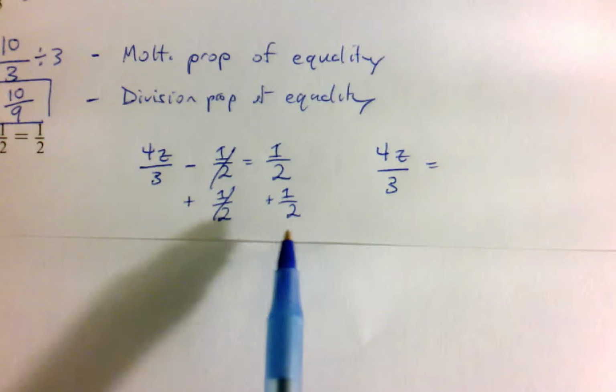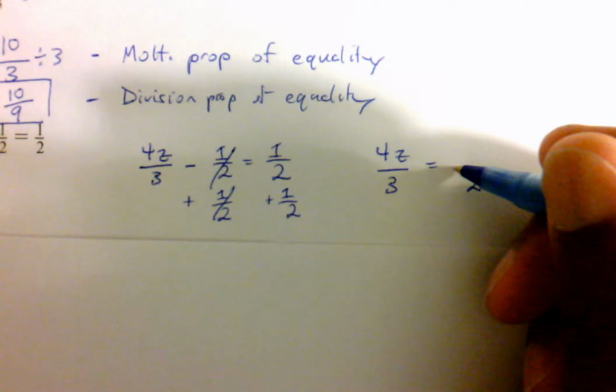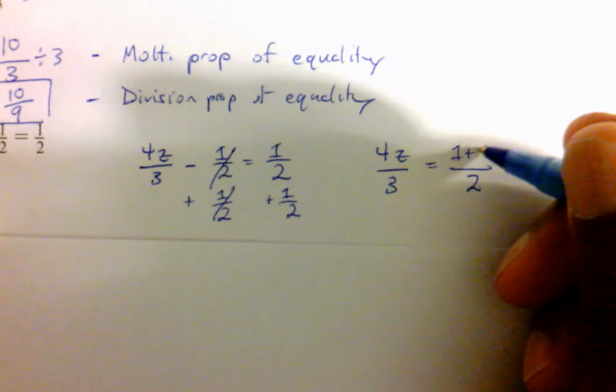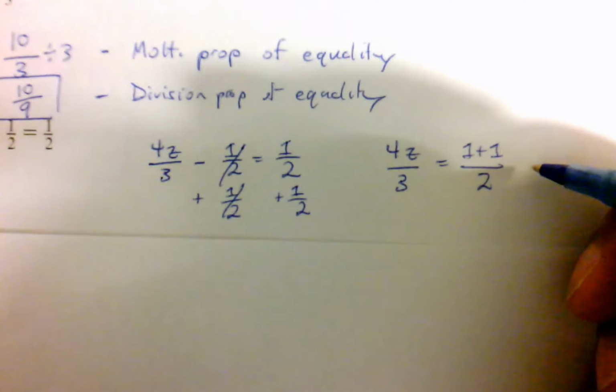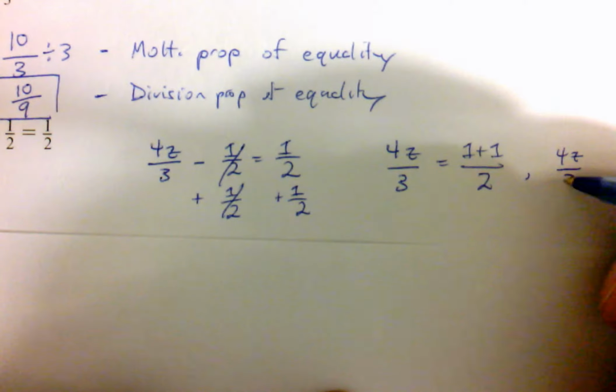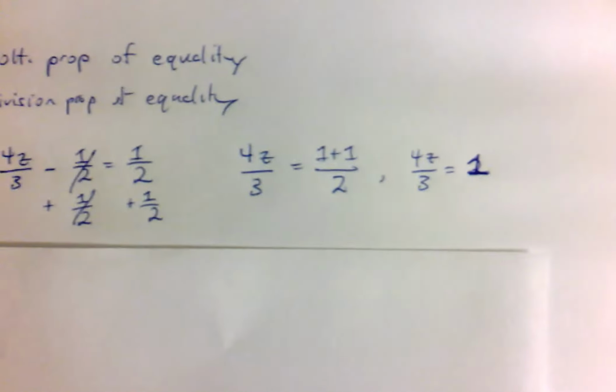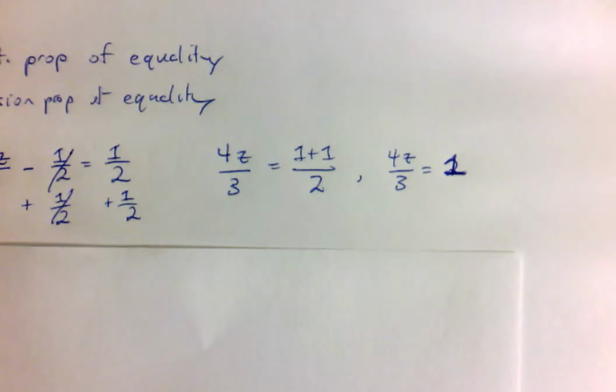They already have a common denominator of 2. So that means this is the same thing as 1 plus 1 over 2, which is just 2 over 2. So 4z over 3 equals 2 over 2, which is 1. 2 divided by 2 is 1. So anything divided by itself gives us 1.